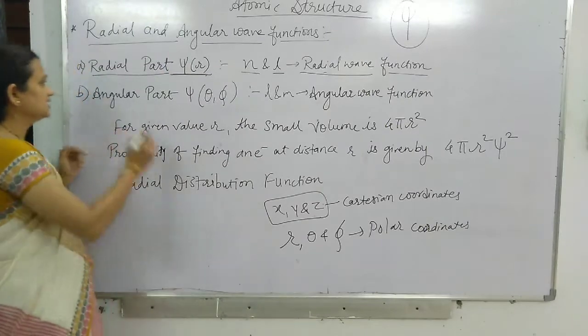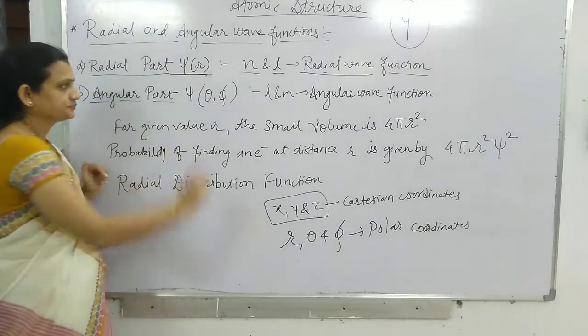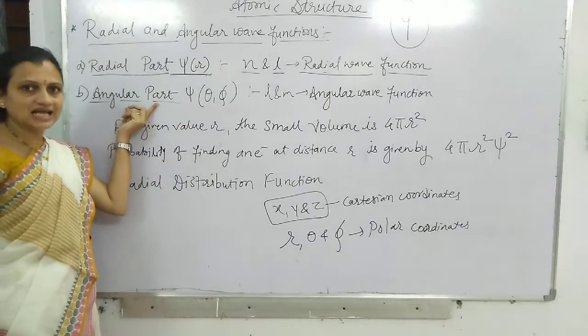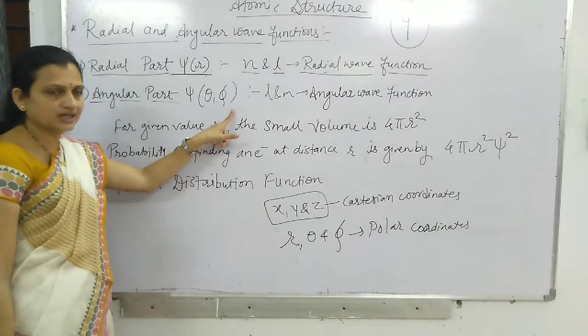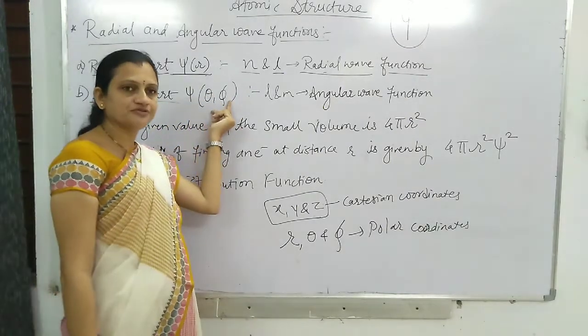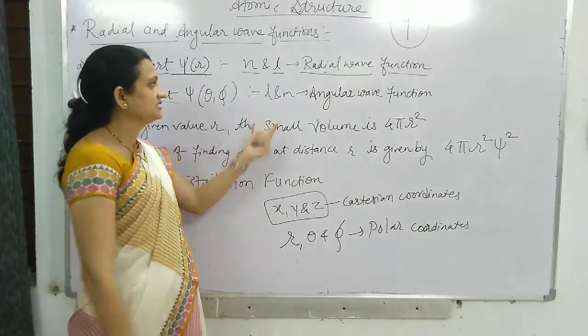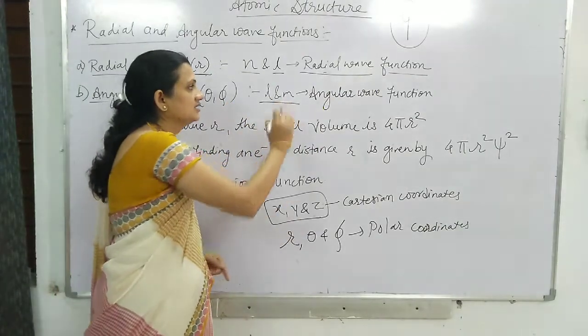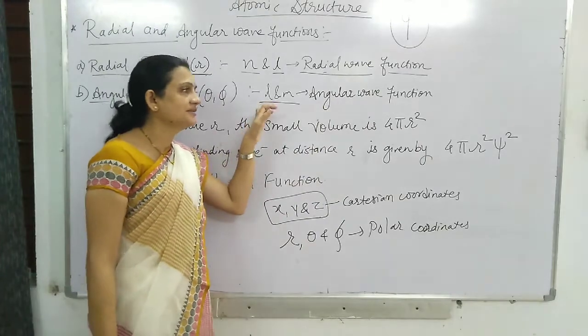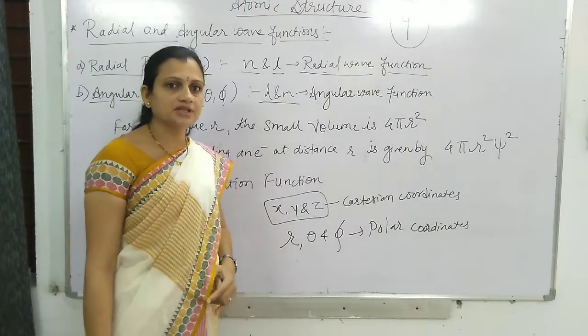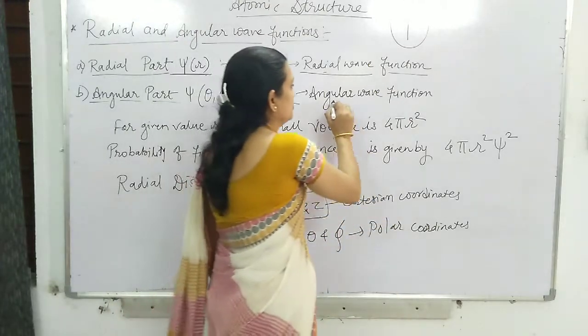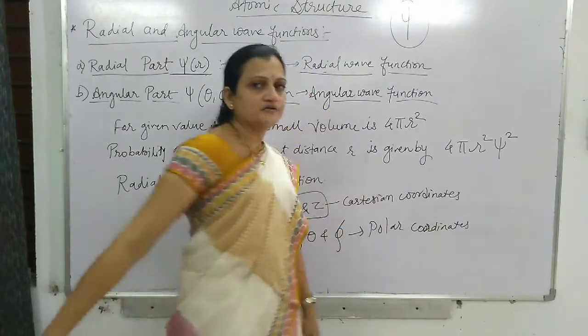Now second is the angular part, psi of theta and phi. This depends upon l, the azimuthal quantum number, and m, the magnetic quantum number, and it is also known as the angular wave function.